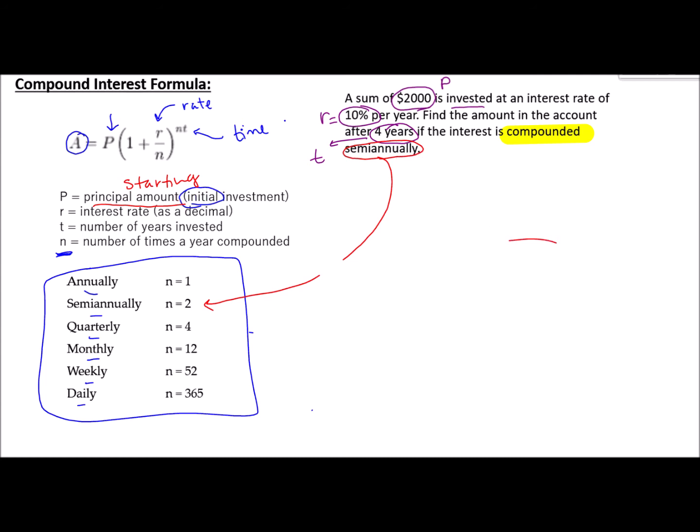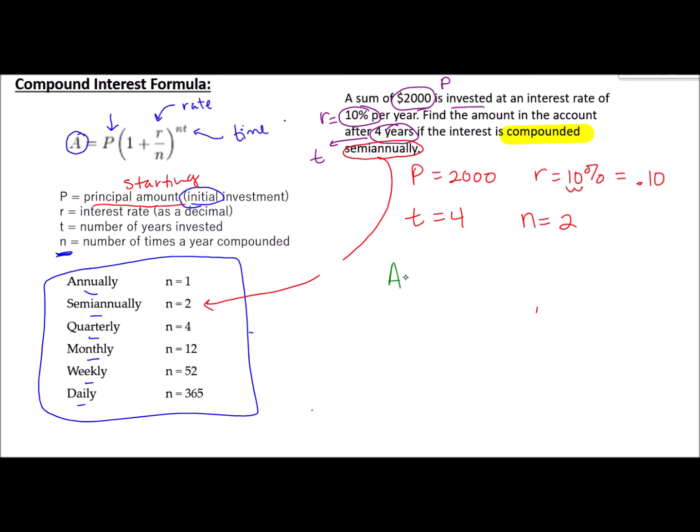P was 2,000. R is 10%, but you still have to convert that to a decimal. And then we've got a T given to us of 4. And it says semi-annually, so our N is going to be 2. Okay, now we can just go ahead and plug everything into that formula.